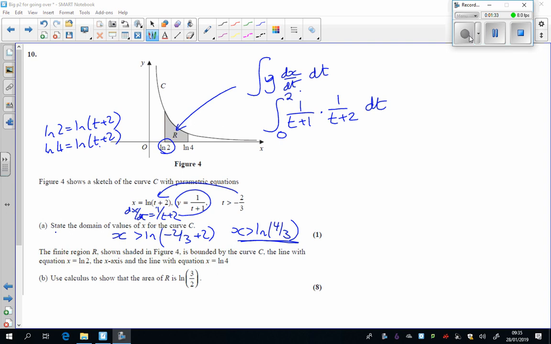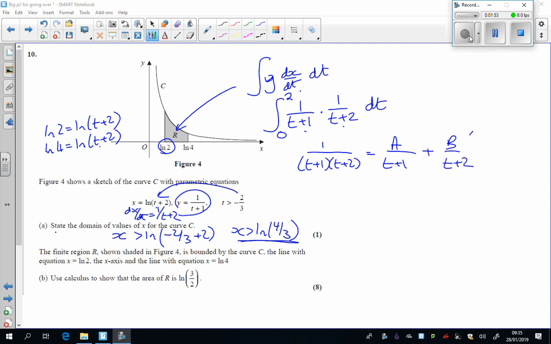And this integral is 2 fractions. So what we're really looking for is this is going to be a partial fraction question. We're going to try and split this up. This is what we're trying to do. We're going to try and split this up into a over t plus 1 plus b over t plus 2.